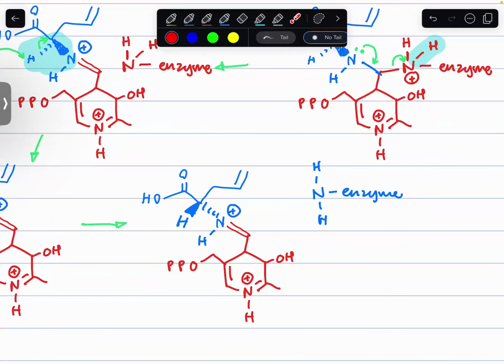So it has a lone pair that is going to attack. Let me do this in green. Attack the carbon of our imine, because remember that acyls have that electrophilic difference where your heteroatom will be slightly negative and your carbon will be slightly positive. So that's why it attacks there. And those electrons will push onto our nitrogen center.